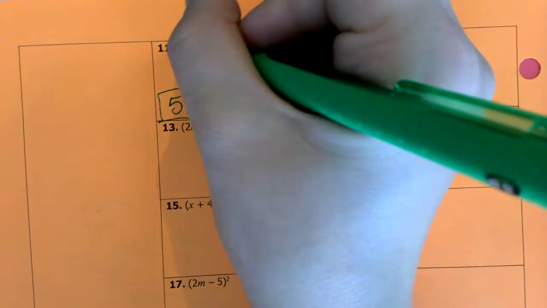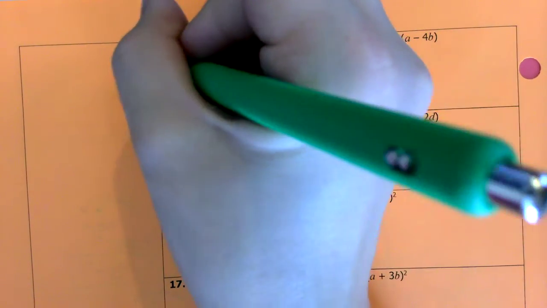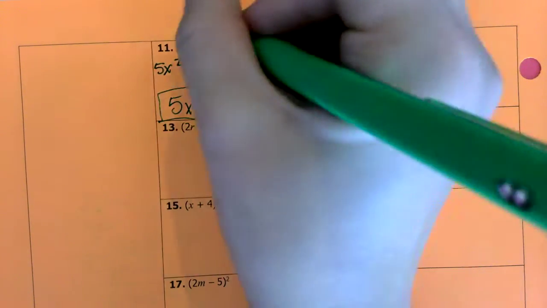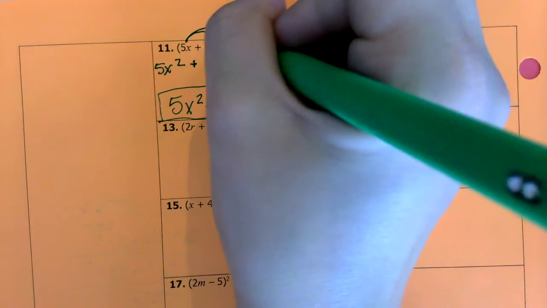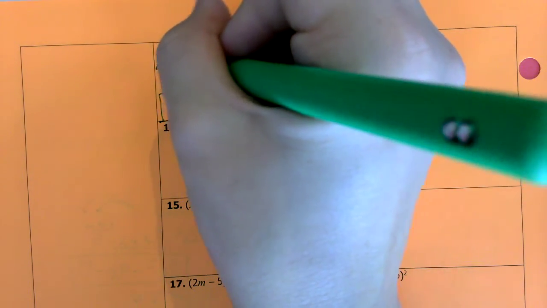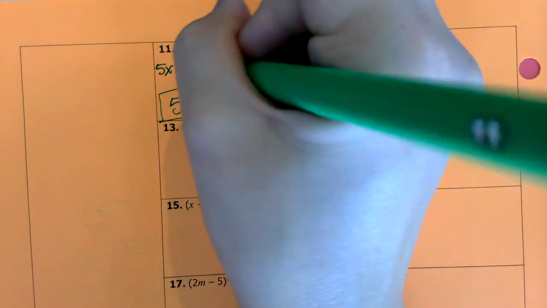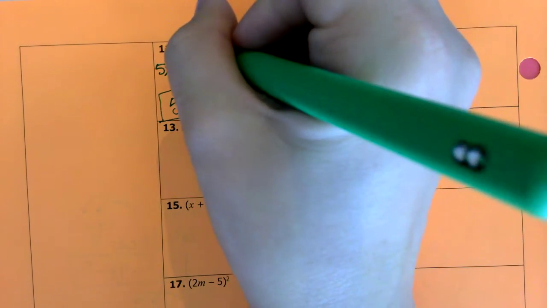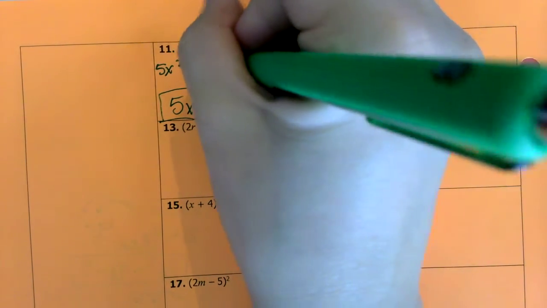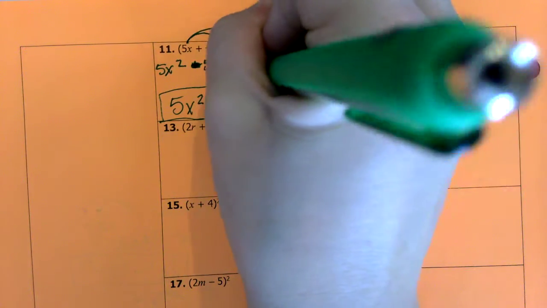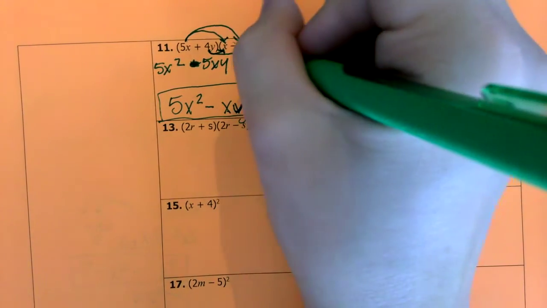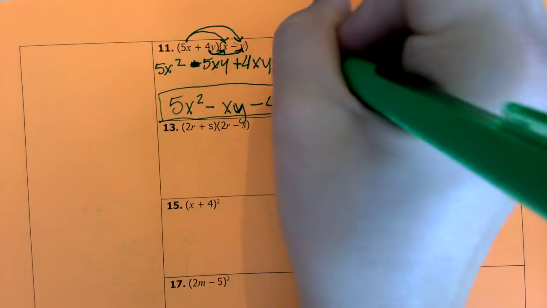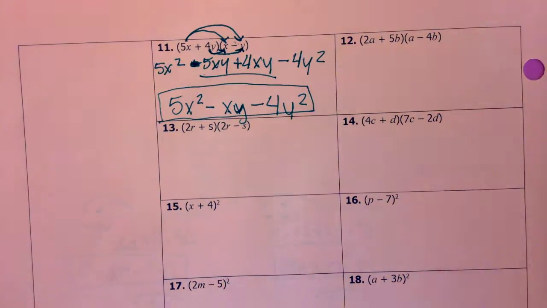I have 5x times x to get me that 5x squared, 5x times negative y, so that's going to give me a minus 5xy. Now I have 4y times x to give me a positive 4xy. And then I have 4y times a negative y, which is going to give me a minus 4y squared. So you combine those two in the middle to get that term there.